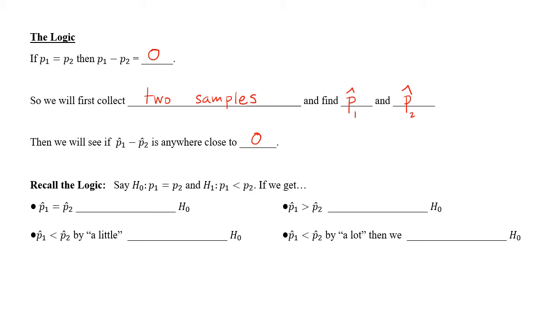So what would we need to make a conclusion in this case? Well, if P1 hat is equal to P2 hat, then there's no difference between those two samples, and so we would fail to reject our null hypothesis. If P1 hat is only slightly smaller than P2 hat, we would still fail to reject.